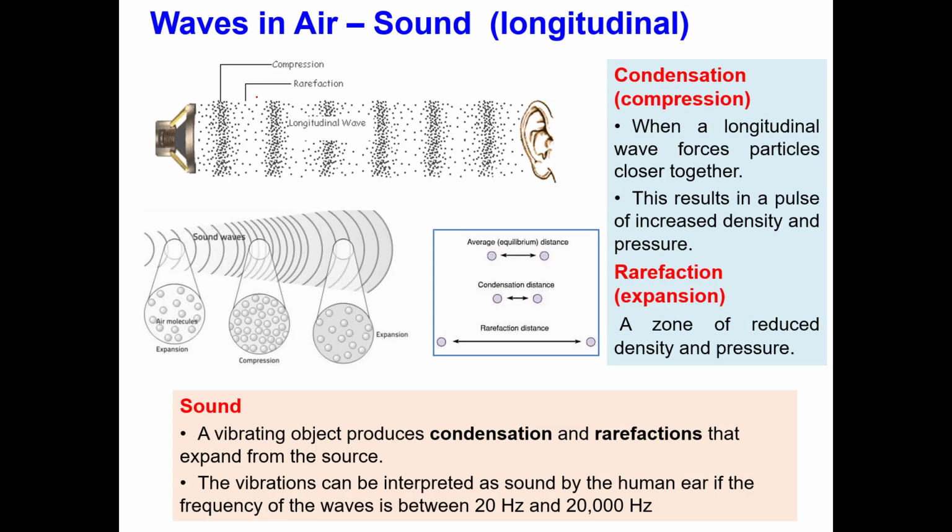This is important because now we want to discuss a special kind of wave, the sound waves. Sound waves, as we mentioned before, are longitudinal, which means the particles of the medium vibrate in the same direction the wave is traveling.